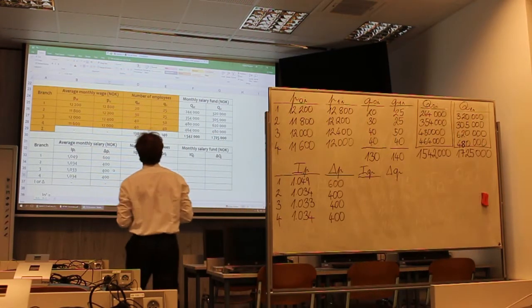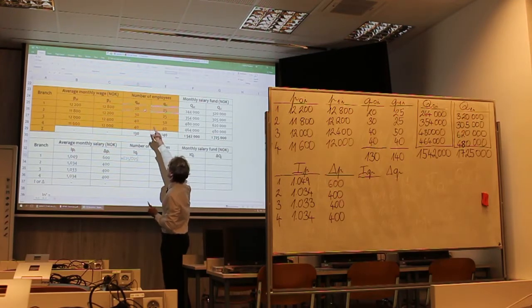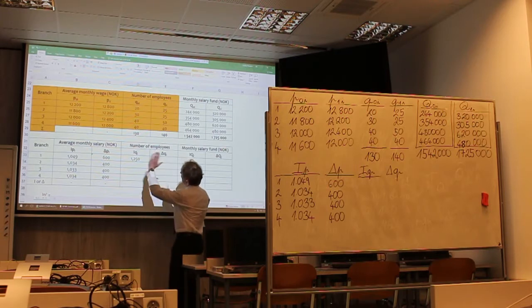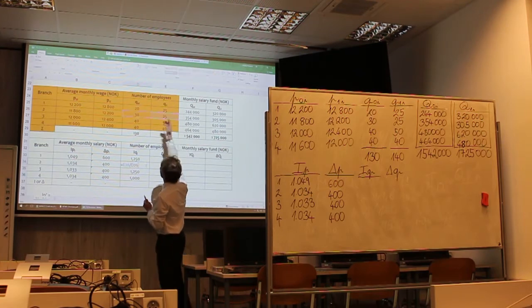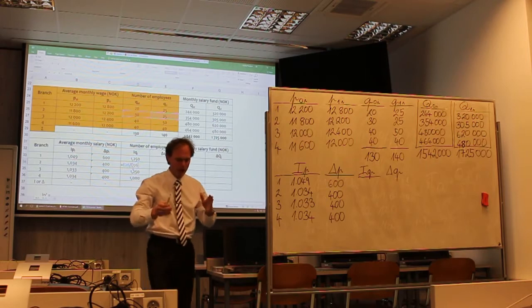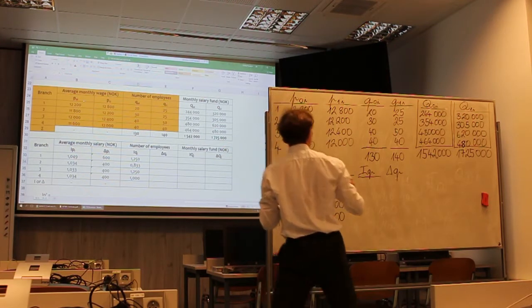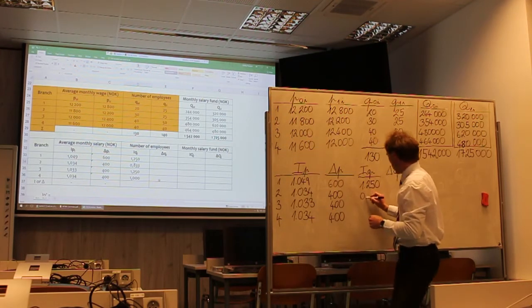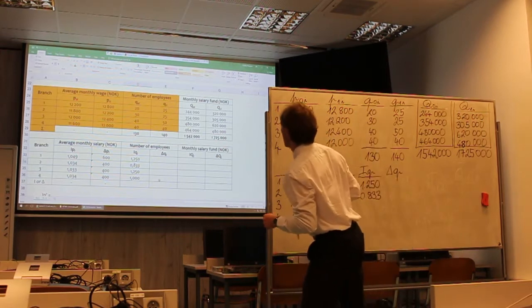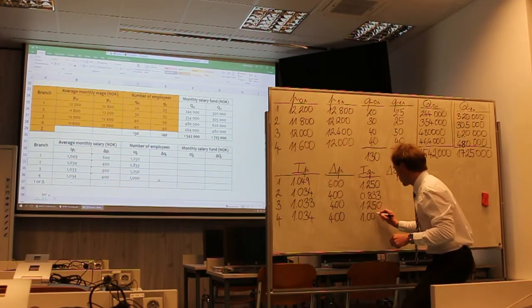Employees, number of employees. Individual quantity index. 25 employees in year 2011 divided by 20 employees in year 2010. 25 employees in year 2011 divided by 30 employees in year 2010 for the case of second branch office, etc. So I will rewrite values on the whiteboard. 1.250, 0.833, 1.250 and 1.000.